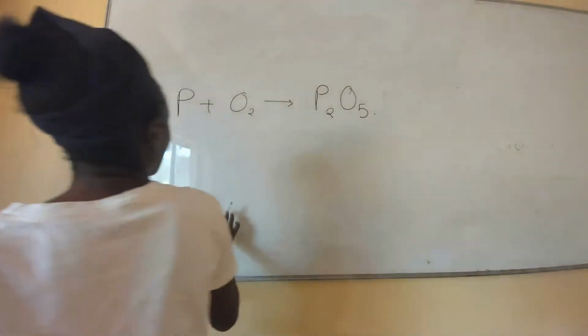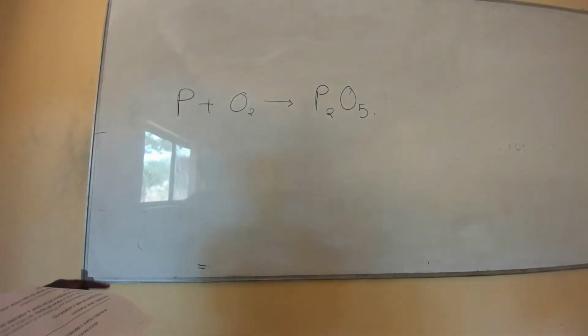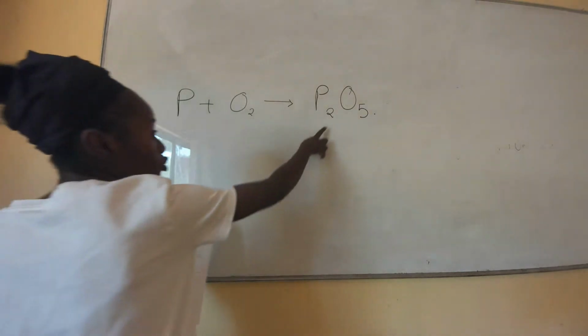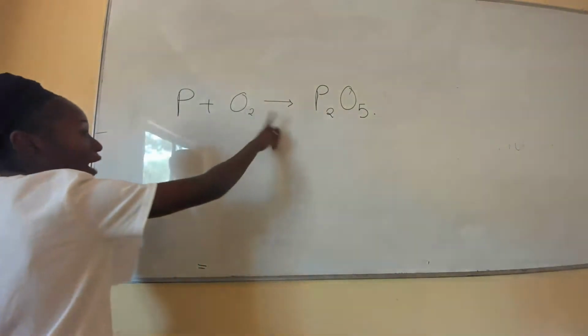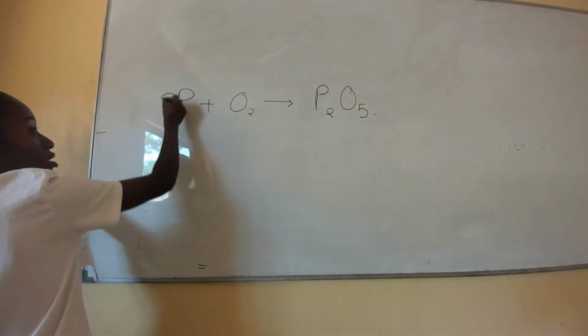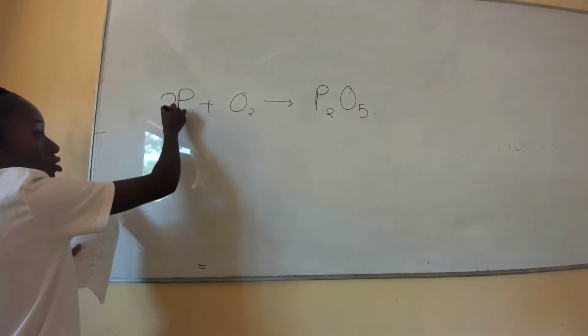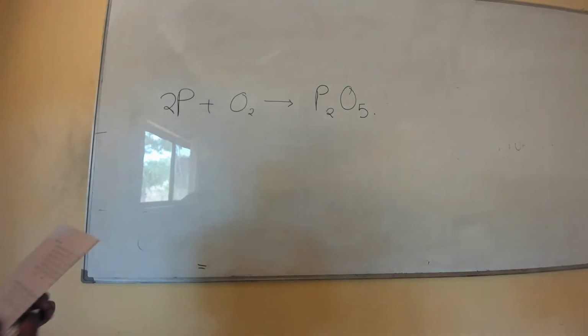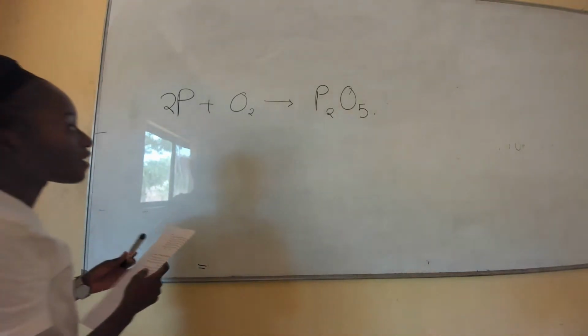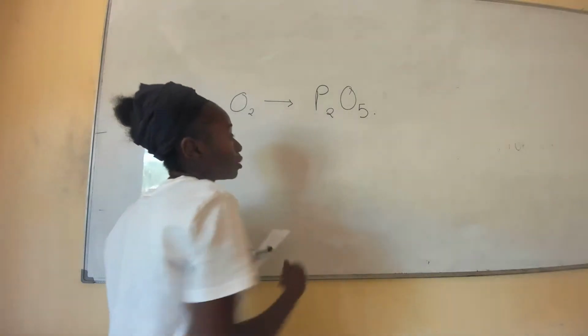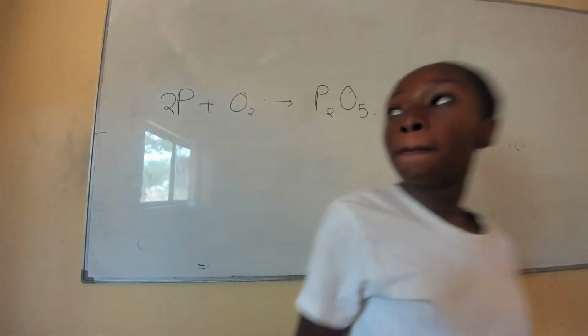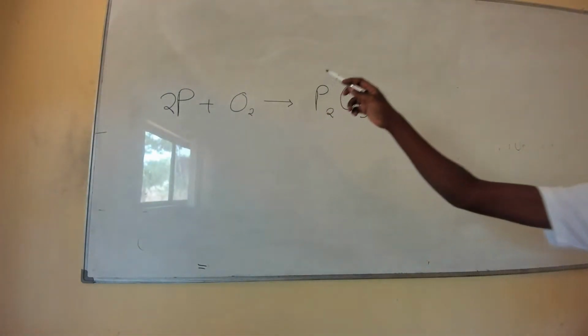Before we even go to that, the first step is to balance the equation. We have a 2 there, so we introduce a 2 on the other side. Our P is balanced, but our oxygen is not. We have a 5 there, and on the other side we have a 2.